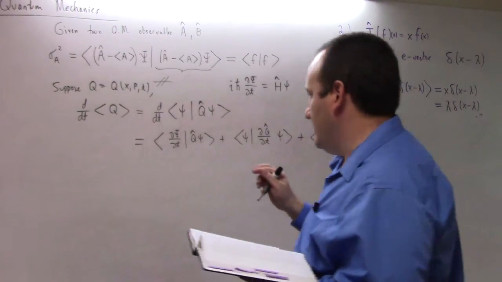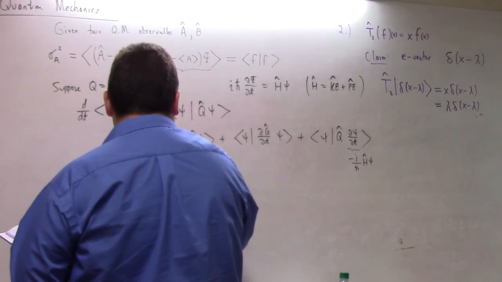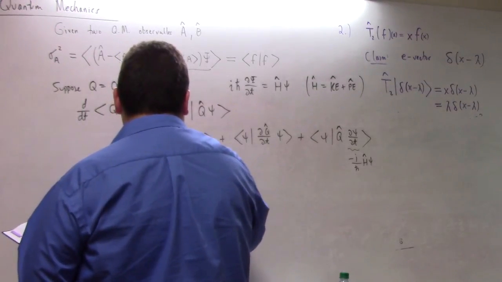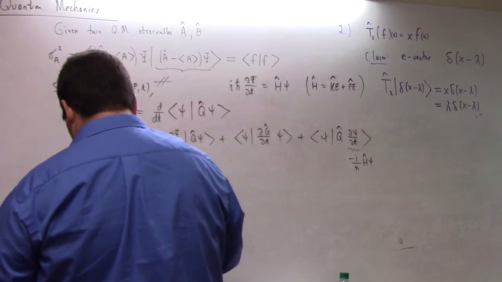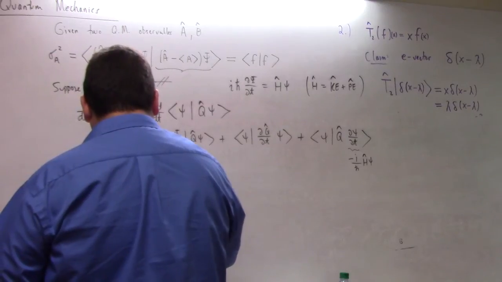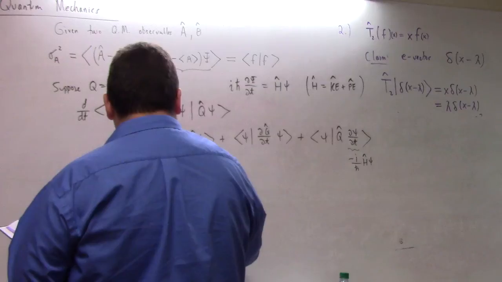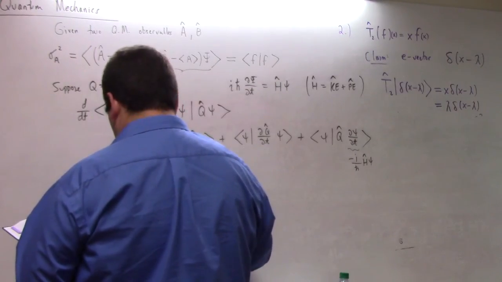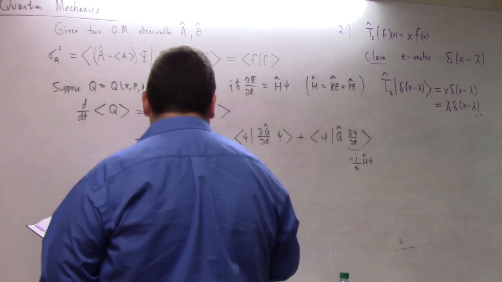And likewise, this we can solve for minus i over h bar, the Hamiltonian operator acting on psi. All right, so then we have minus 1 over i h bar, H hat psi, Q hat psi. I'm not sure I believe that.